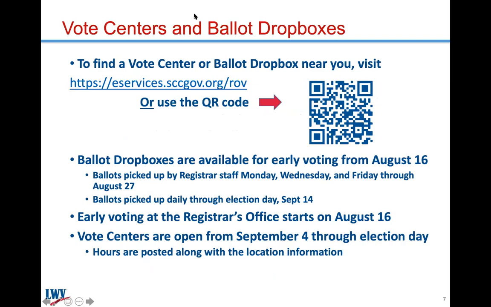They are secure, and ballots are picked up by staff of the registrar on Mondays, Wednesdays, and Fridays from August 16 to August 27, and daily from August 30 until the last pickup at 8 p.m. on September 14. Vote centers open on September 4 and remain open at posted hours through 8 p.m. on Election Day. The registrar's office is also a voting site from August 16 until September 14 at posted hours.